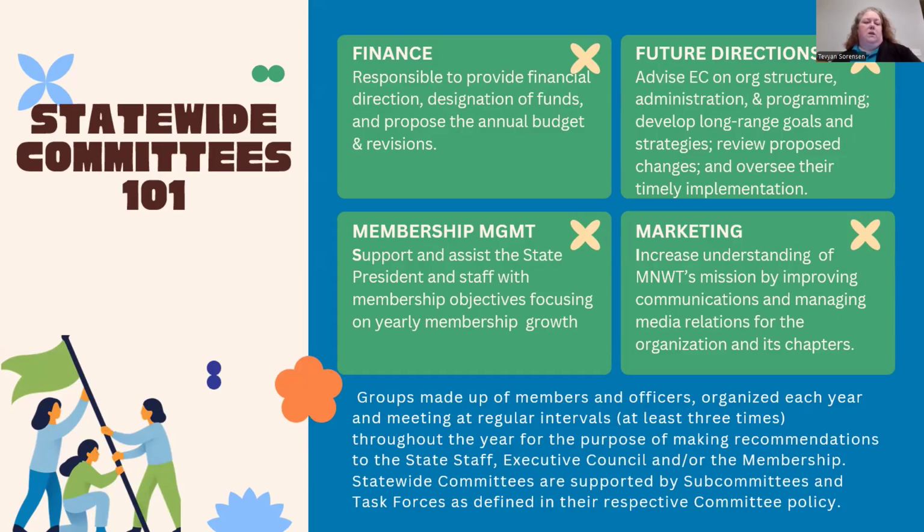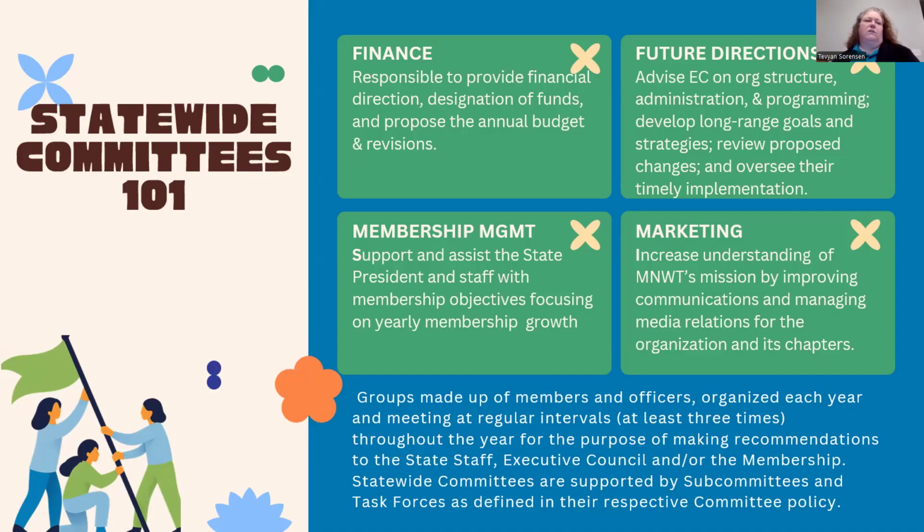We have committees, and then a subcommittee is something that is permanently there, or we expect to be there every year, and it has a chair, and we look for that every year. They'll give some examples of those. And then a task force is something we're going to bring a group of people together for a specific purpose. They're going to work through that purpose, and then we're going to disband that task force.